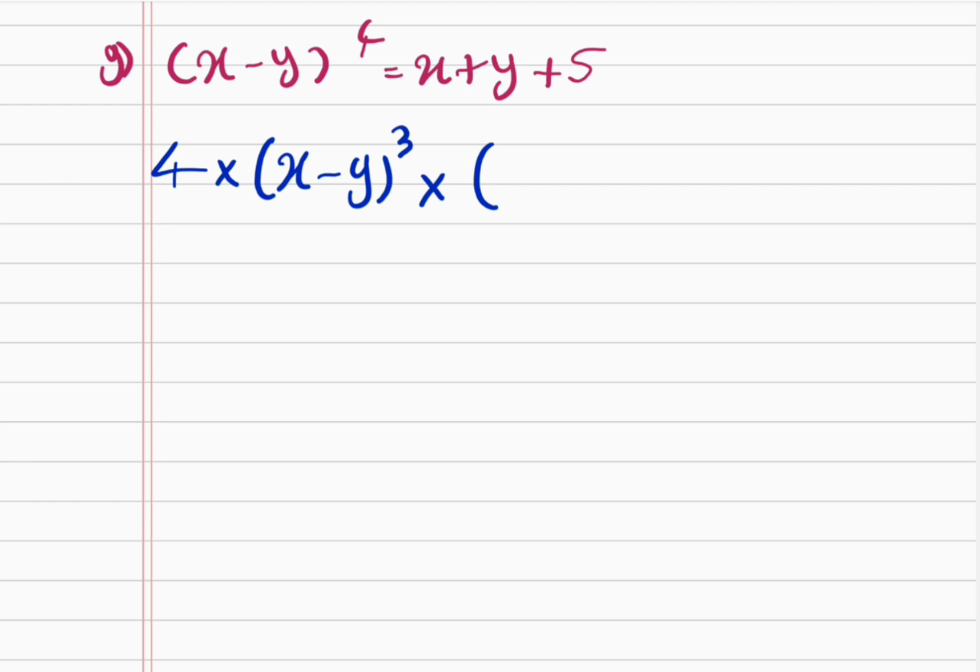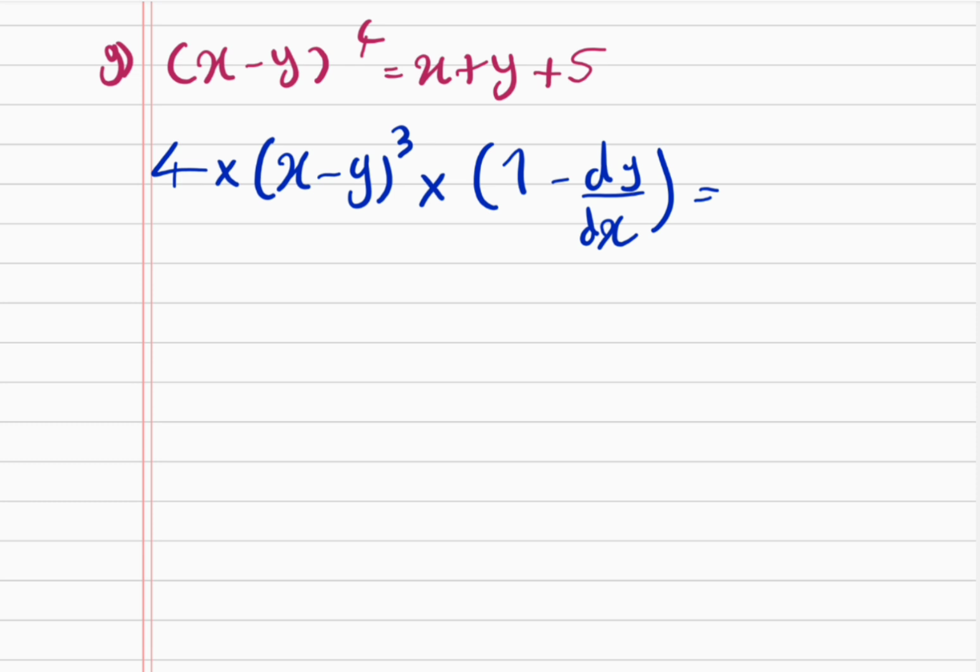The derivative of the x term is 1, and the derivative of the y term is minus 1, but we always multiply that by dy/dx, so it's going to be minus dy/dx. This is the derivative of the left hand side. As you can see, when I showed the usual differentiation at first, we missed the dy/dx term.